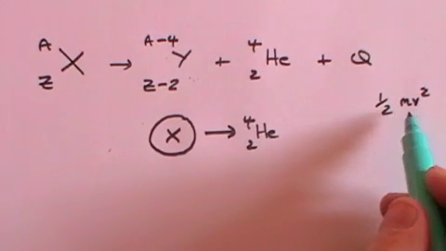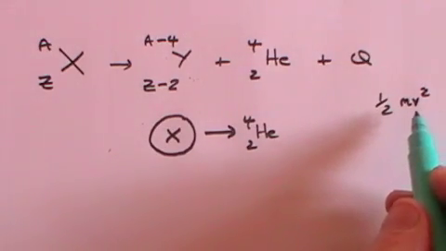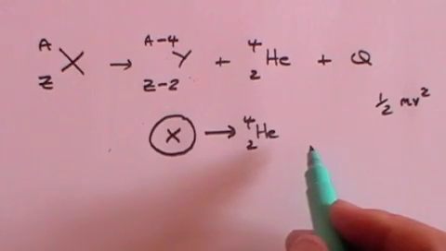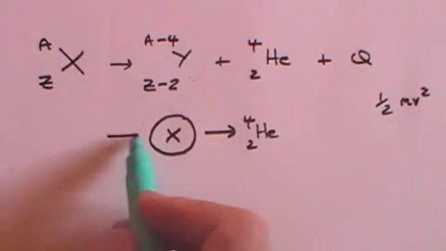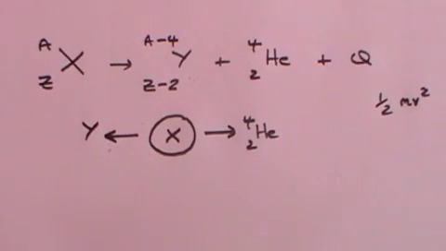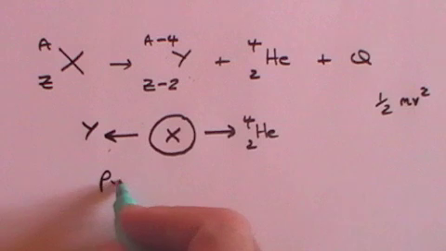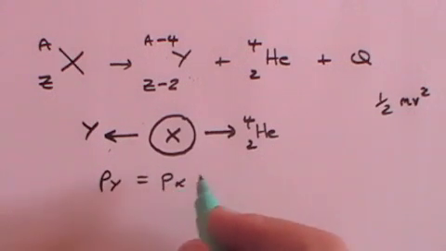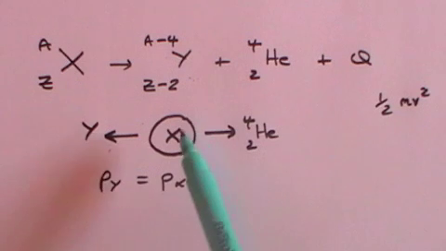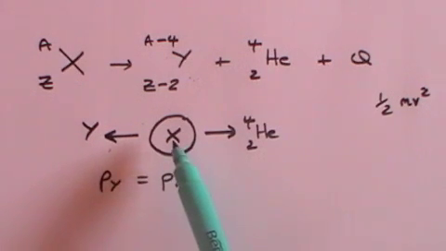So it's going to have mass, well, we know that, but it's also going to have velocity. So it's shooting off in this direction, which means that the Y particle must go in that direction. Why? Because momentum must be conserved. The momentum of Y must equal the momentum of the alpha particle. The original momentum of X was 0. We're assuming it wasn't moving classically.